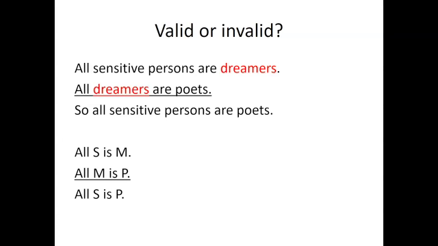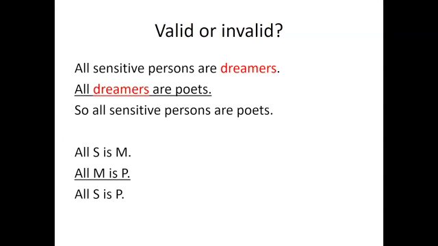Okay, so the third rule was that the middle term must be distributed at least once. Here, the middle term is dreamers. Now we've made it easy because we put it in red, right? Dreamers. And so we have to ask, is the middle term distributed here? Well, in the first premise, dreamers is the predicate term.